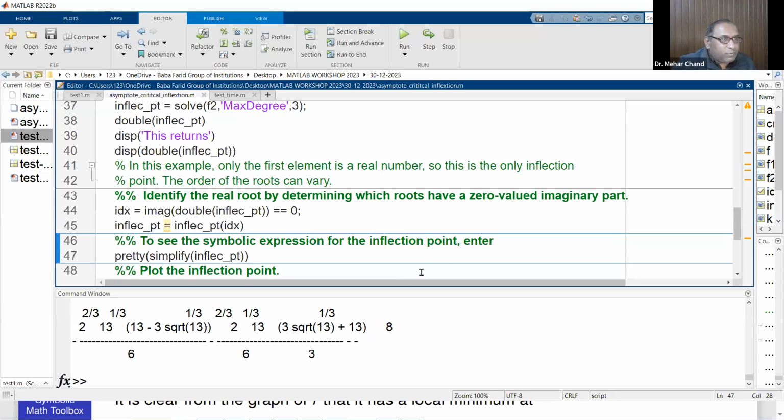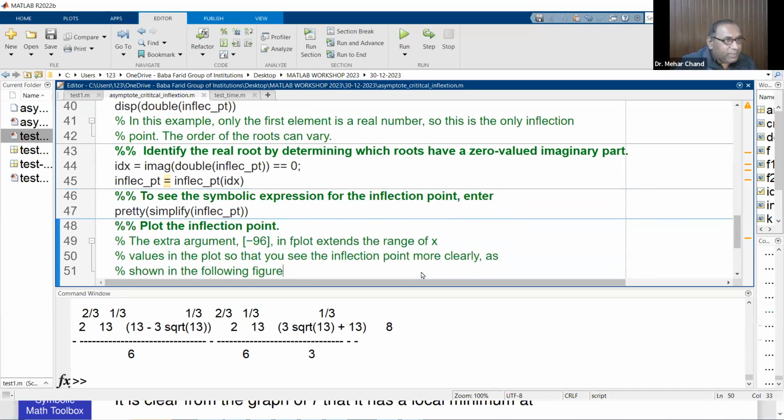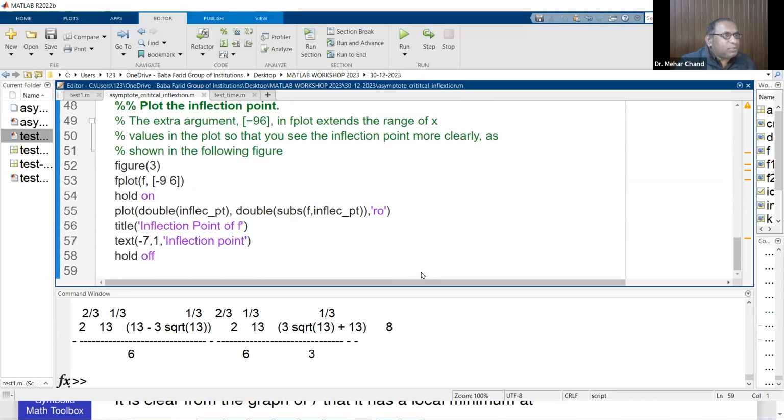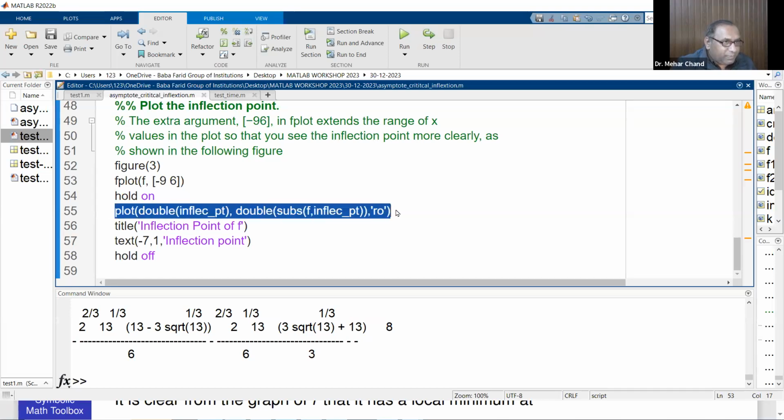Now, if you want to plot the same, you can do it. The same process we will adopt. We are using the fplot function, range from -9 to 6. Hold on. And this is the statement for the point of inflection.